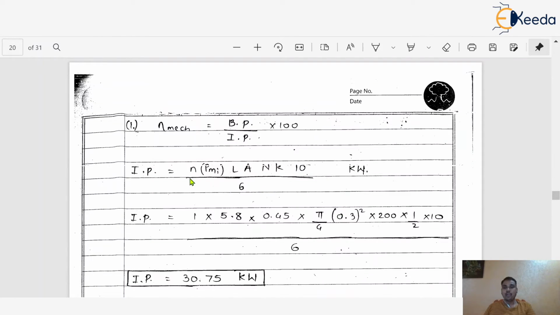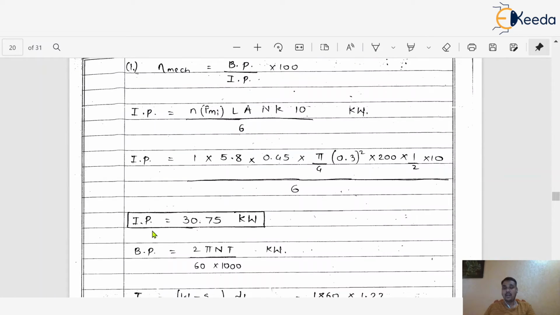All the things are given in the problem. The number of cylinders is 1, PMI value is 5.8, the stroke length is given 0.45, area is pi by 4 into d square, the diameter is 0.3, the N value is 200, K standard value is 1 by 2, and into 10 divided by 6. So we can get the indicated power equal to 30.75 kilowatt.